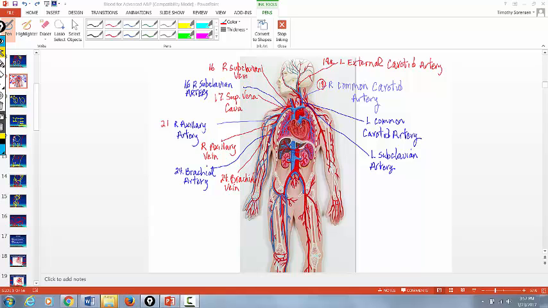And you have this larger vessel here, which is the right brachial artery. This vessel that parallels the right brachial artery is called the right cephalic vein.